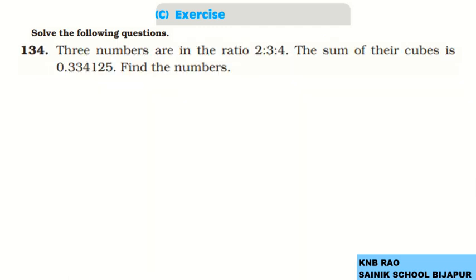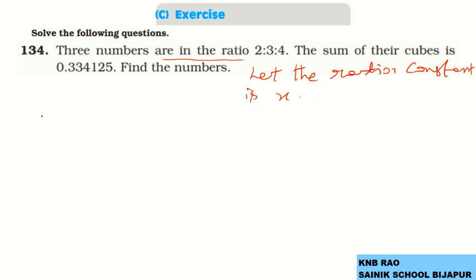Coming to question number 134. Three numbers are in the ratio 2:3:4, so obviously let the ratio constant be x.